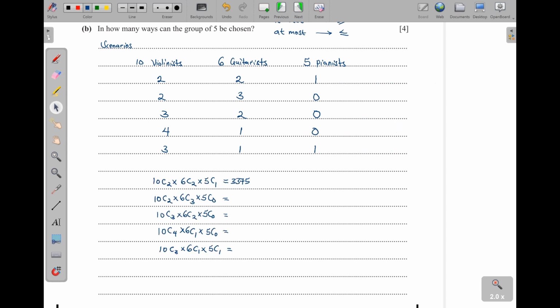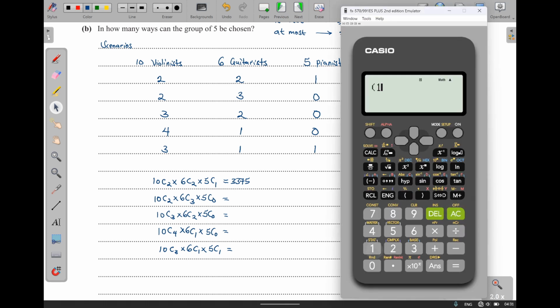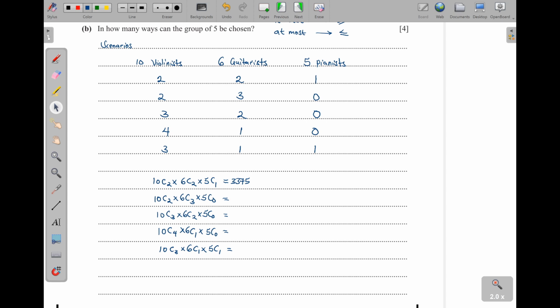Then what else do we have? We have 10 combination 2 times 6 combination 3. Of course, 5 combination 0 is a 1. So that is 900.